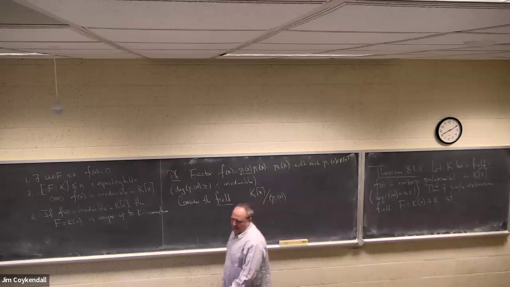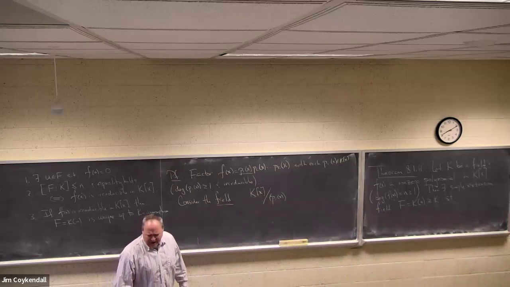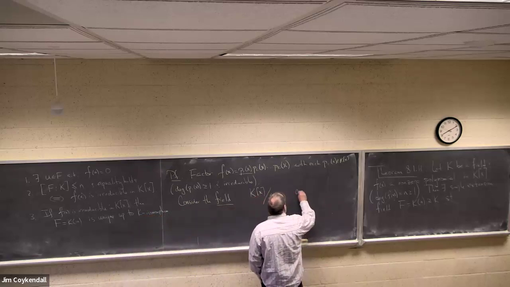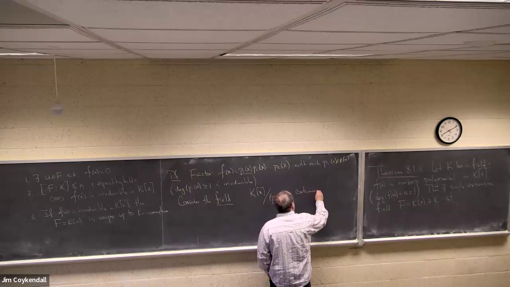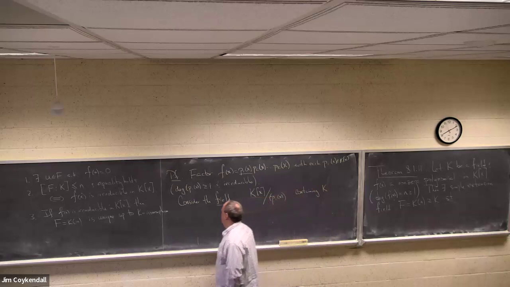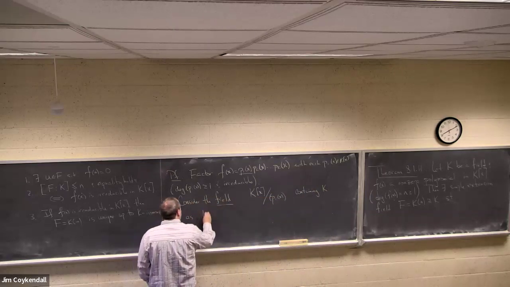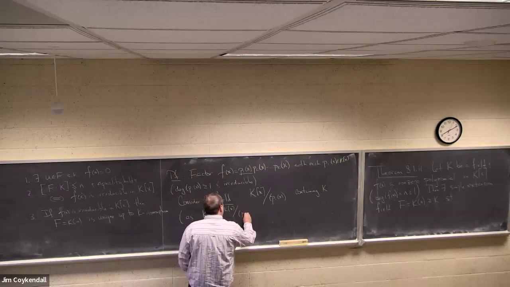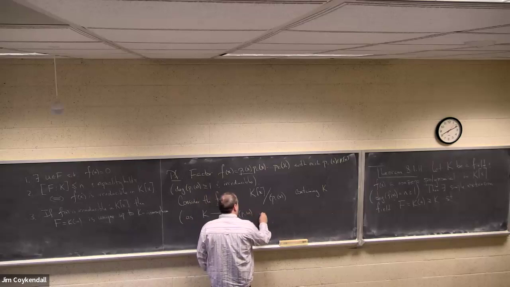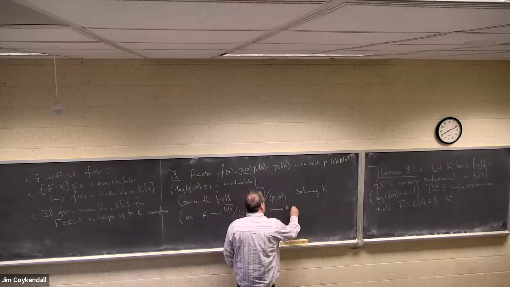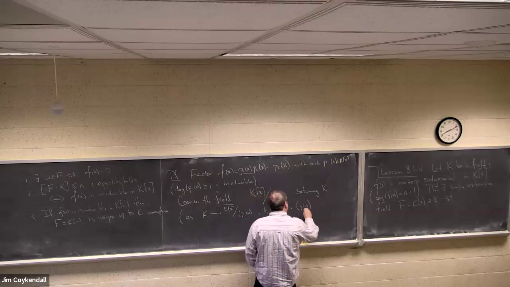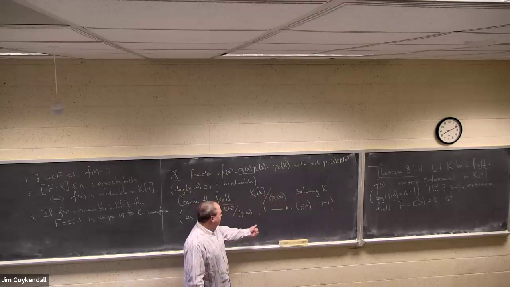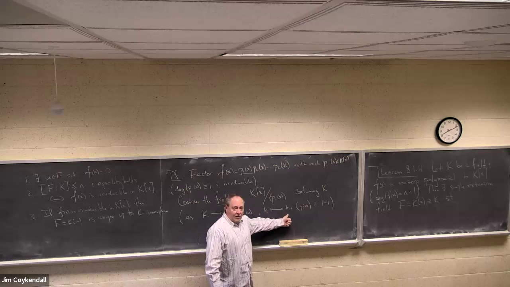So this is indeed a field, and it contains K. So certainly you can put K inside there just by taking the element k from K and going with this coset.